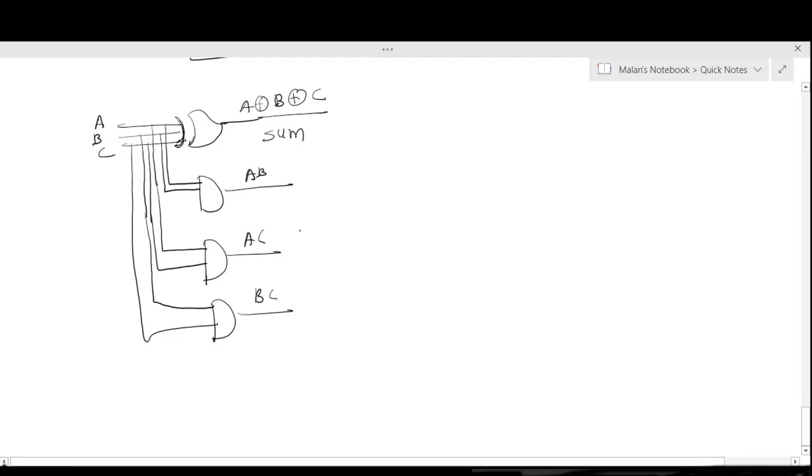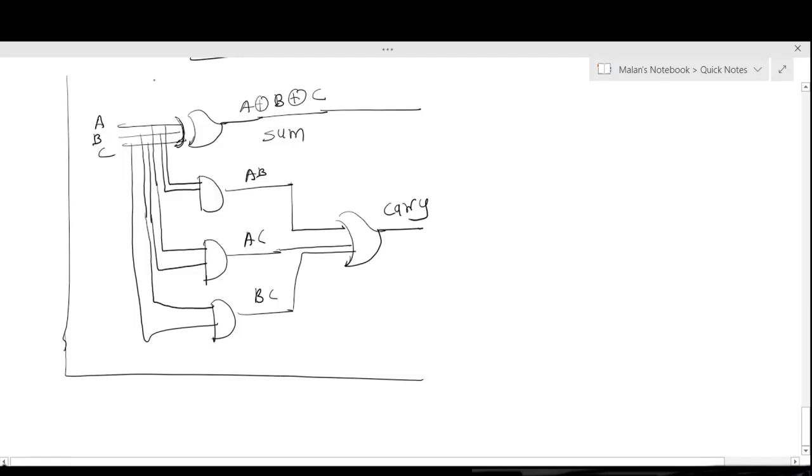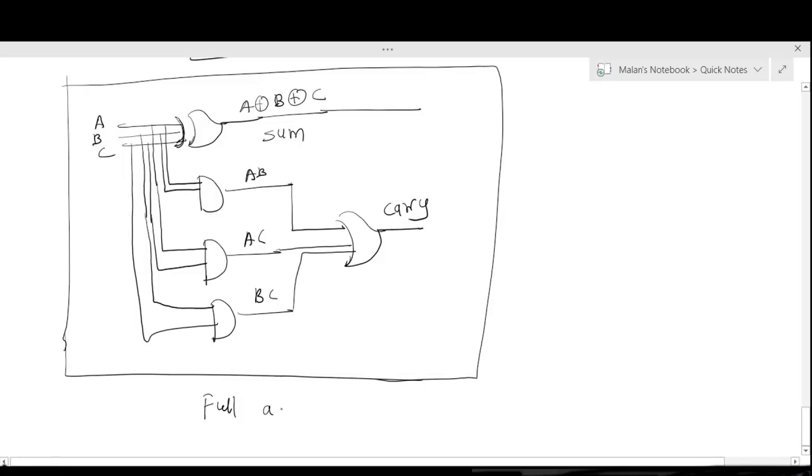And finally OR them together, which is nothing but the carry. Now this is the logic circuit for the full adder using XOR gate.